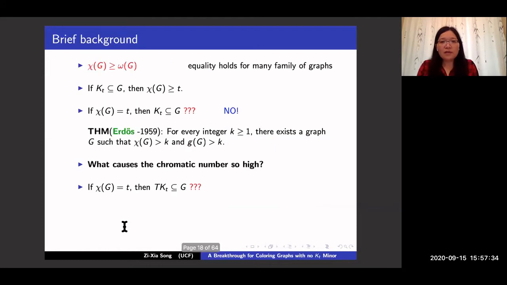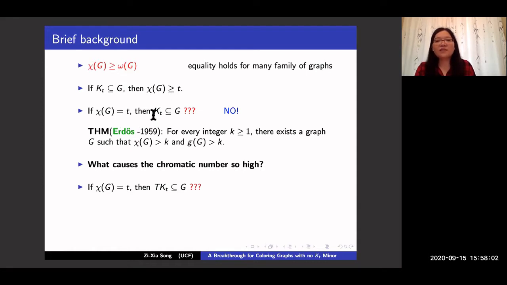So we knew this, the chromatic number is always bounded below by the clique number, and we know the equality holds for many families of graphs. Now, however, so not however yet, sorry, as I said, I teach 2 classes today. Now, if a graph contains Kt as a subgraph, we know the chromatic number is at least t, right?